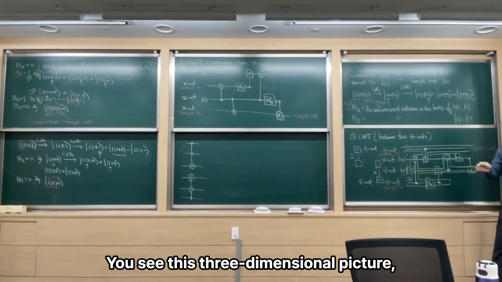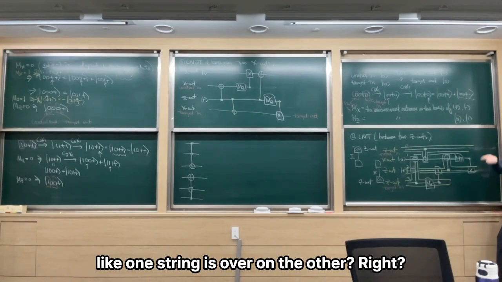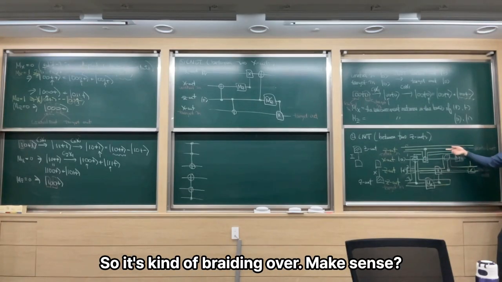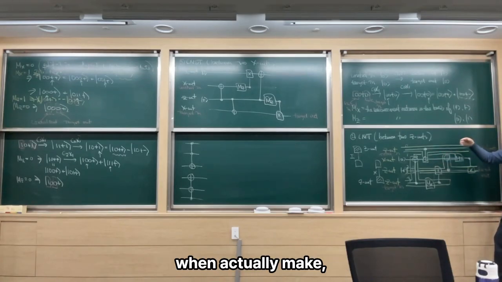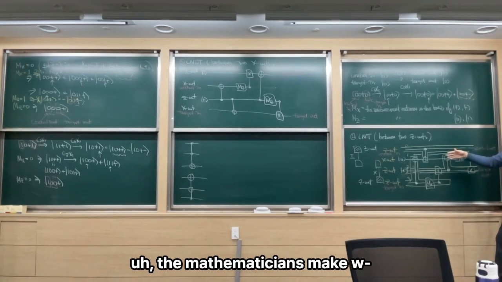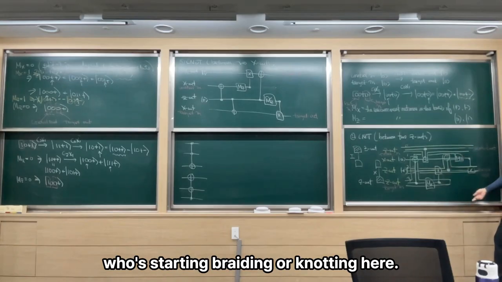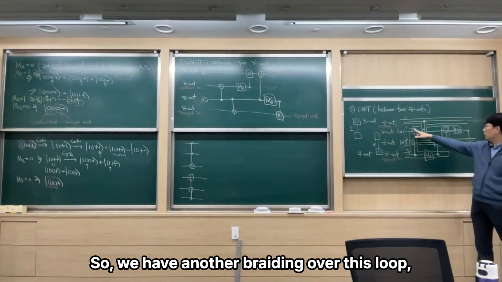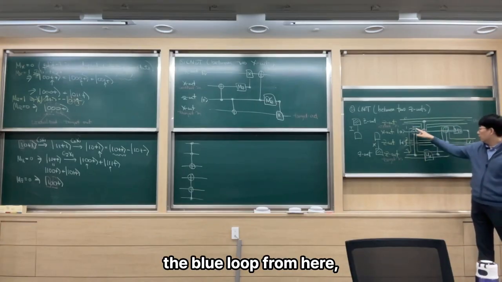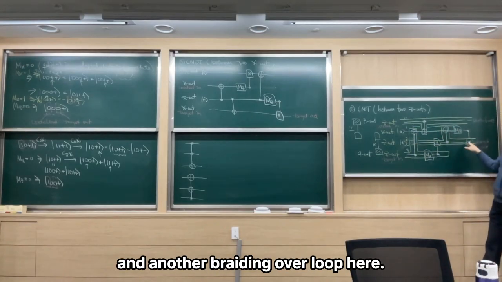You see this kind of three-dimensional picture, like one string is over the other, right? It's kind of braiding over. Makes sense? It's a common notation used by mathematicians who study braiding or knotting. So we have another braiding over the blue loop from here, and another braiding over the loop here.